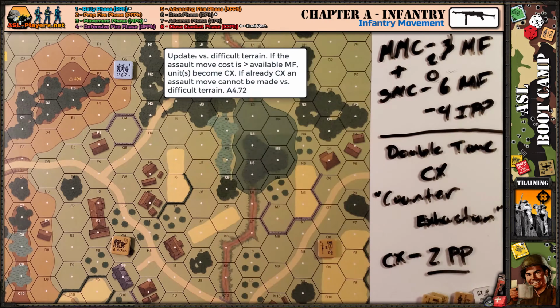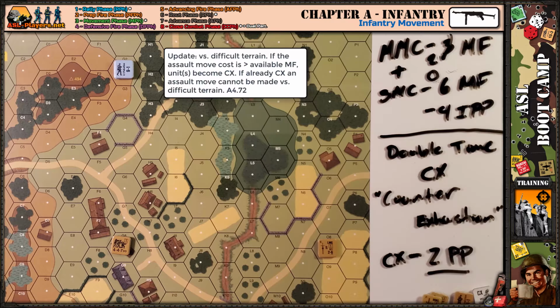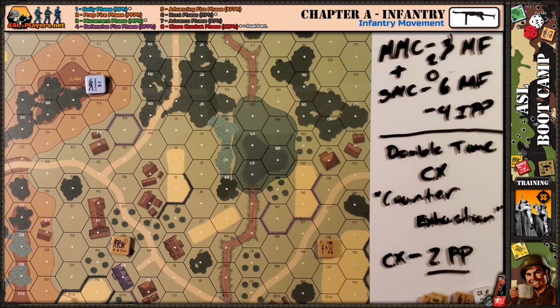If I had a leader stacked with him, now he has 6 movement factors. He could assault move up that hill for 4 and stop there. Now, in all the cases where you do assault movement, there is no -1 die roll modifier on the attacker for first fire, non-assault movement during the movement phase when the defender fires at you while you're moving.